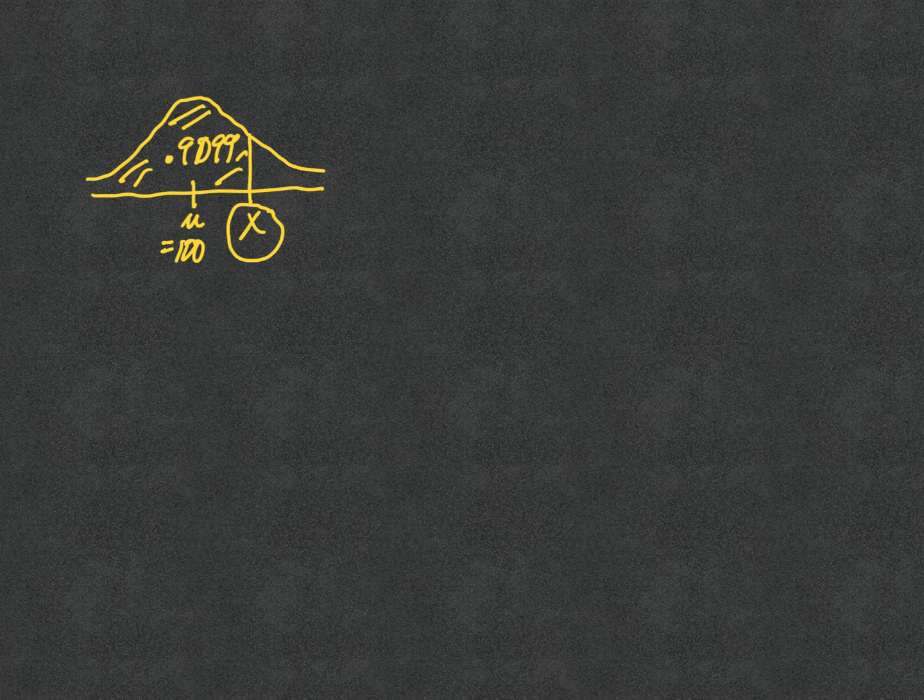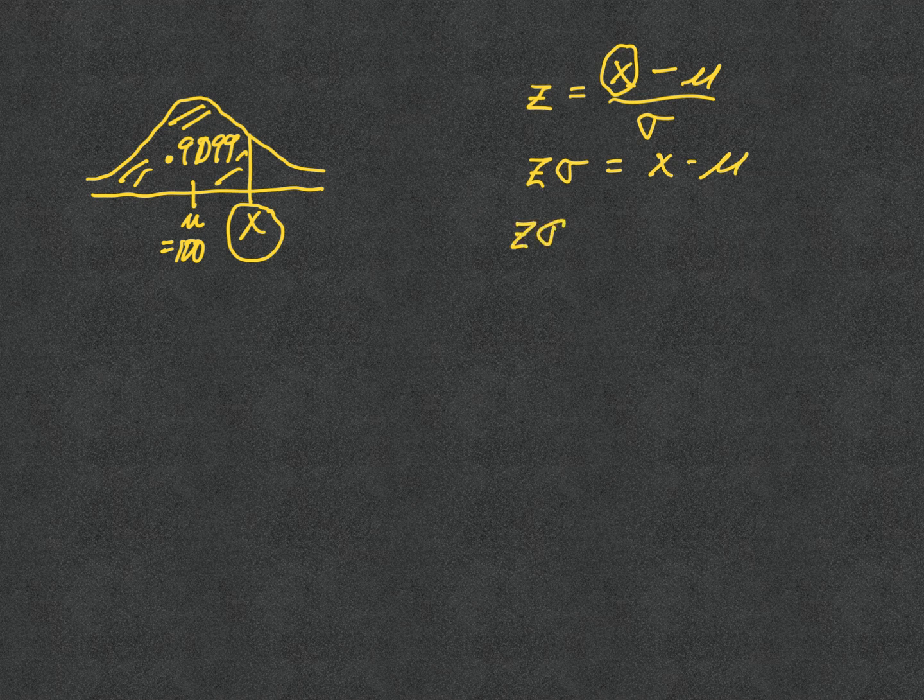So if you think about our transformation formula, z equals the random variable minus its mean divided by the standard deviation. If we were wanting to solve for x, we would do a little algebra with this, and we get z sub alpha times the standard deviation plus the mean is equal to the x value.